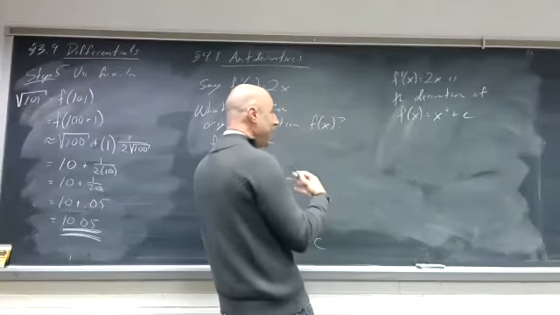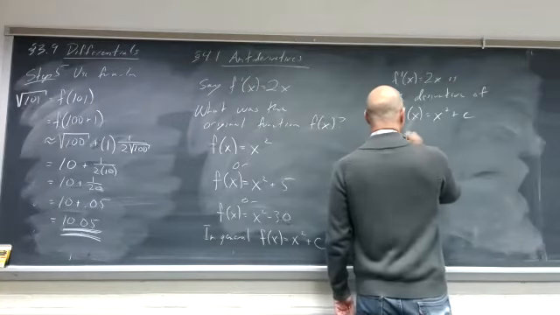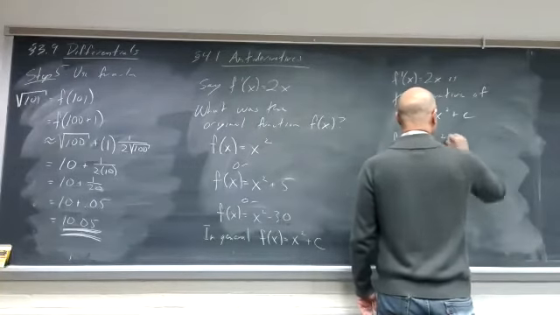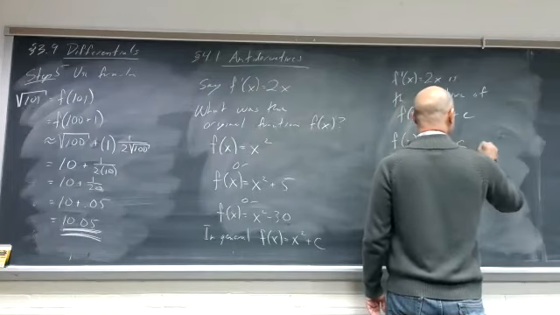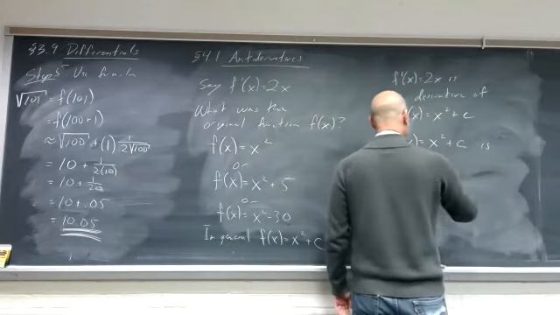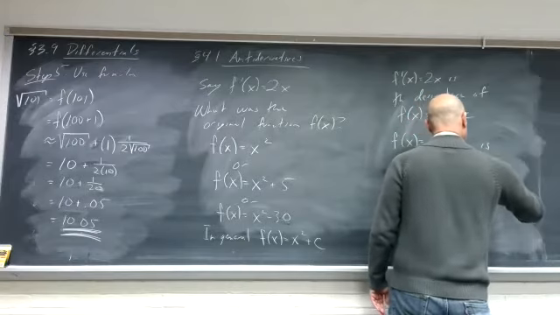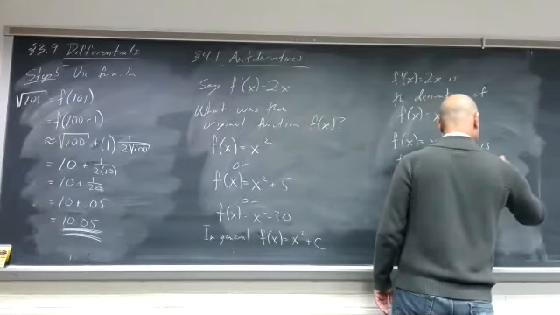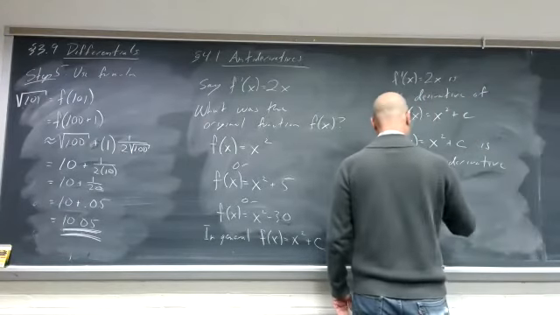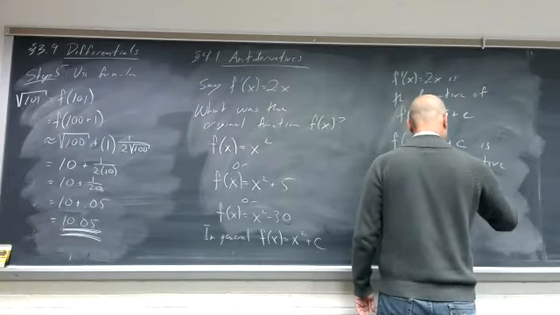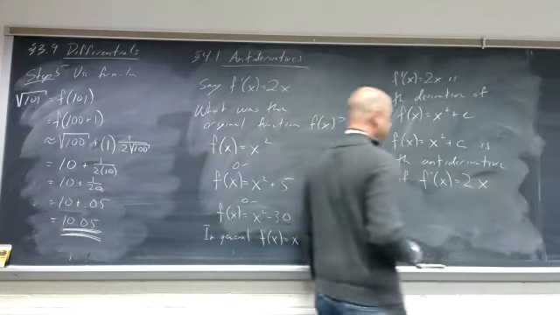And turning that around, f of x equals x squared plus c is the antiderivative of 2x.